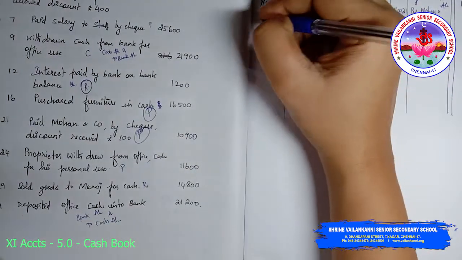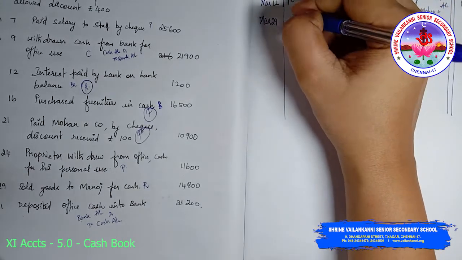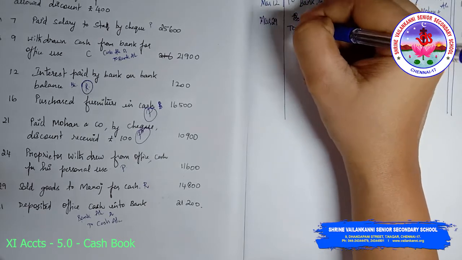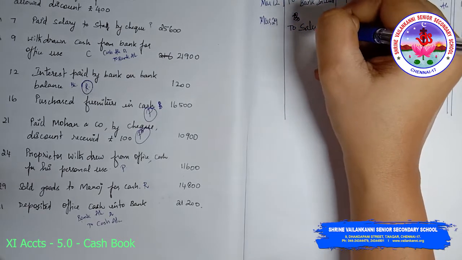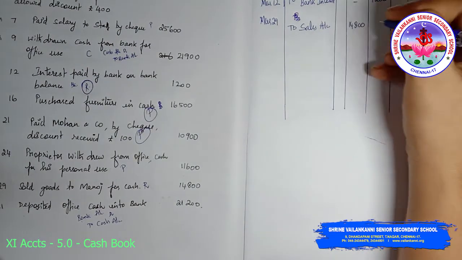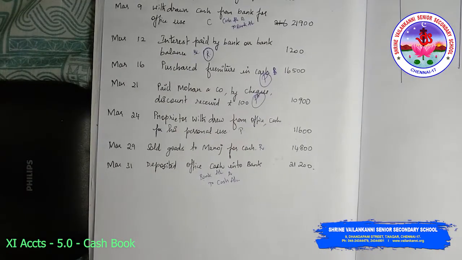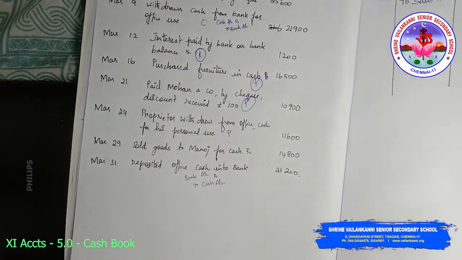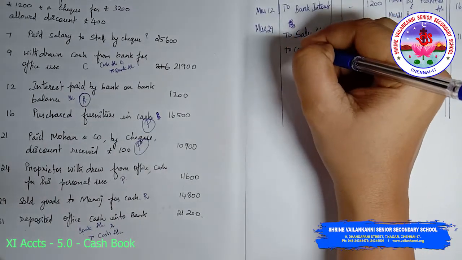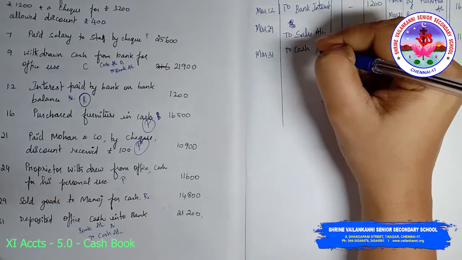It is a receipt. So March 29, to sales, 14,800. Then deposited office cash into bank. This is also a contra entry. So I'm writing to cash, March 31, contra entry.